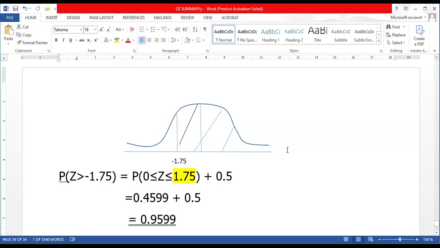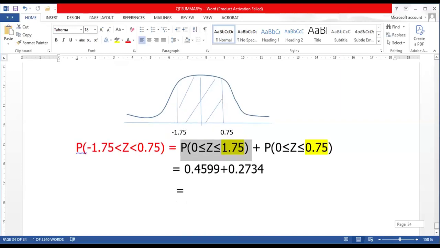But here you have the end point, so you cannot take it as 0.5. Let me hope you have understood. Any other question?